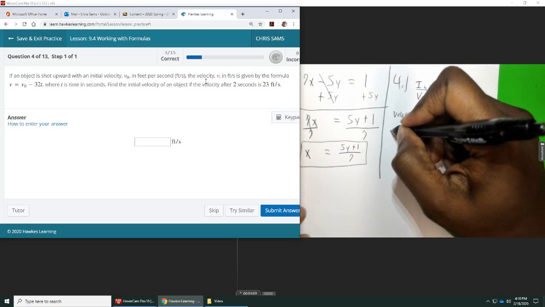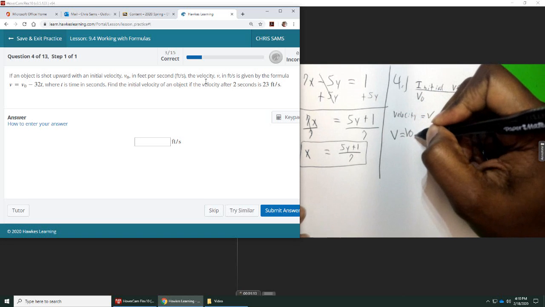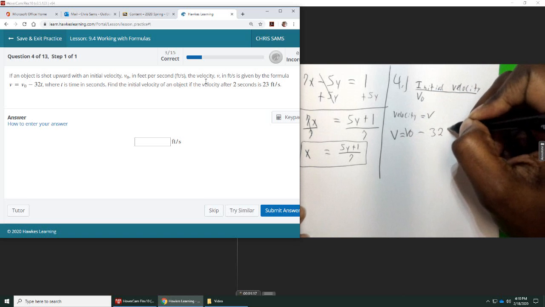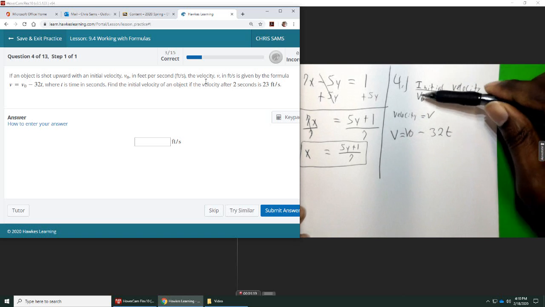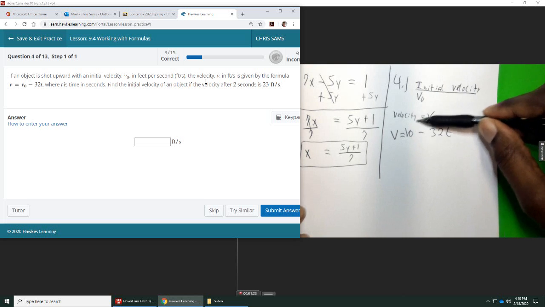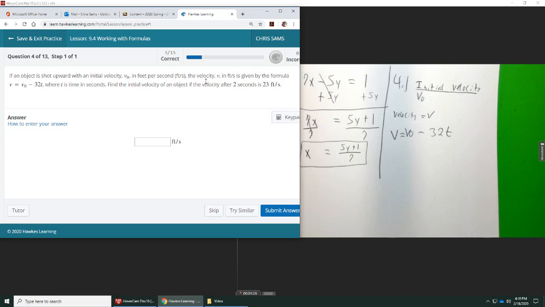So we have this formula, v equals v sub 0 minus 32t. Okay, so I know what the v0 is. It's the starting velocity. I know what v is. It's the actual velocity. And now we have minus 32t. What is t?